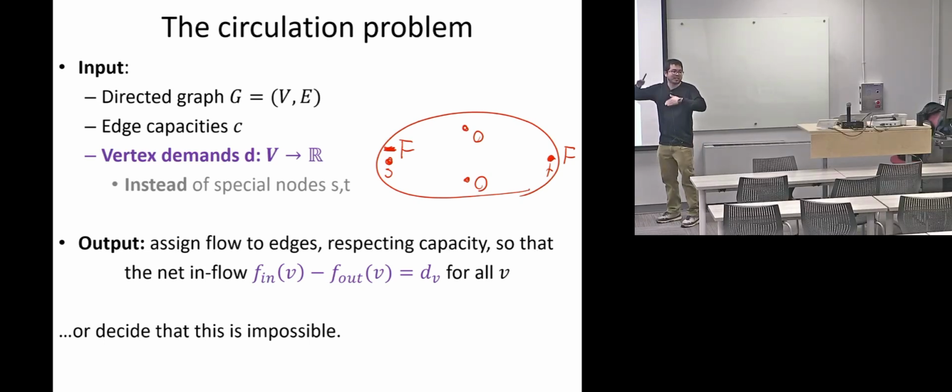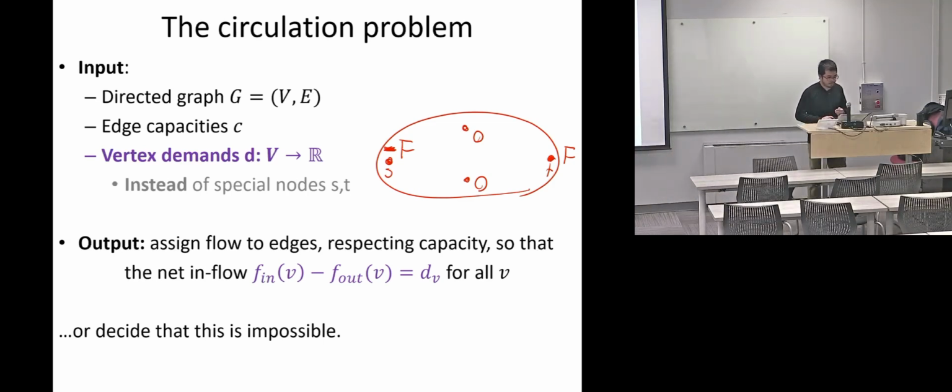Then I can do binary search to find the maximum flow. So this is more general than max flow by doing some binary search. If it's impossible to send this demand, then max flow must be less than F.